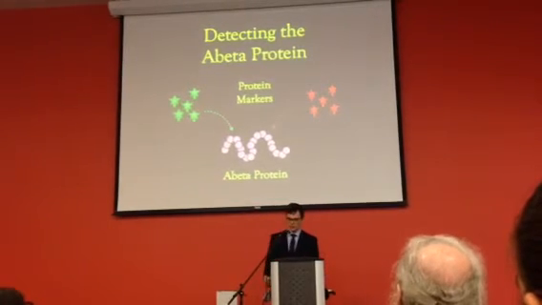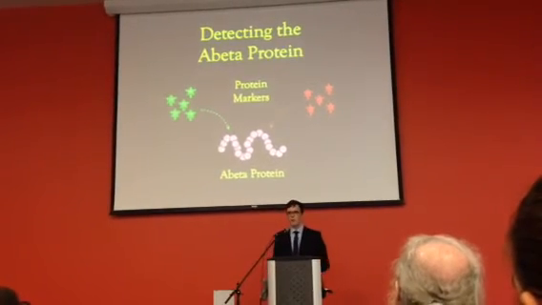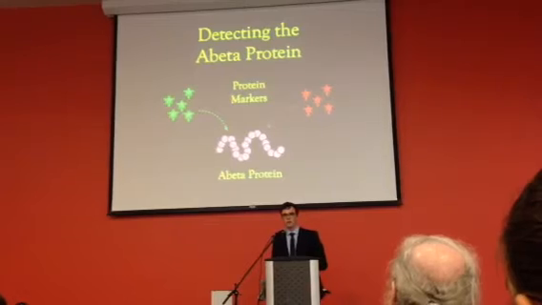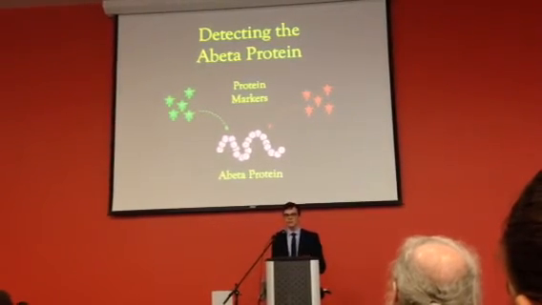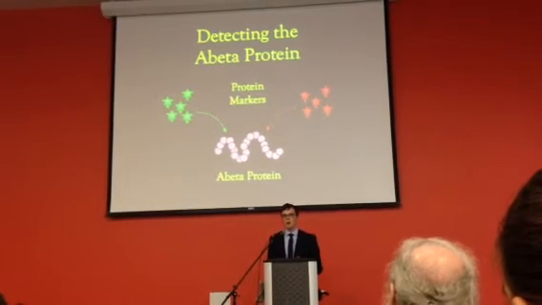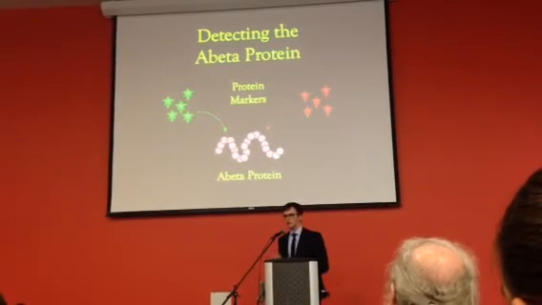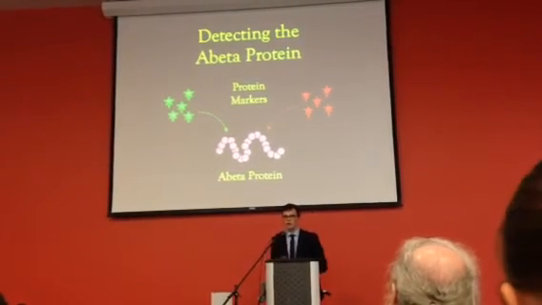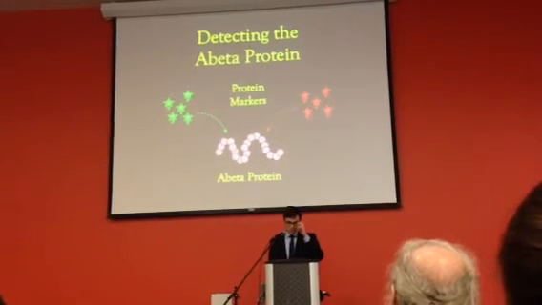So when proteins are involved in a disease, we want to find out where they are coming from so we can study their involvement in the disease and eventually stop these proteins from damaging the system. Our group set out to detect the A-beta protein using protein markers that have fluorescent labels.